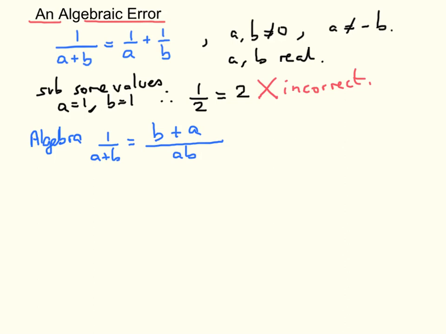So what we obtain if we do this, multiplying by ab and also by a plus b, is on the left-hand side ab, and on the right-hand side we're going to have a plus b times b plus a, and b plus a is the same as a plus b, so we're going to get a plus b all squared.